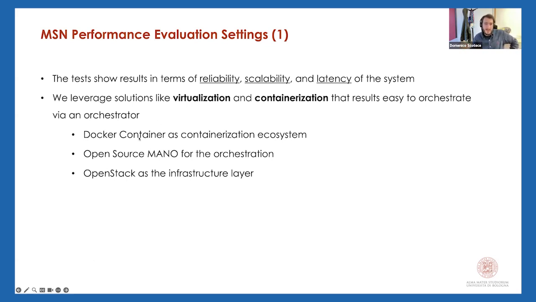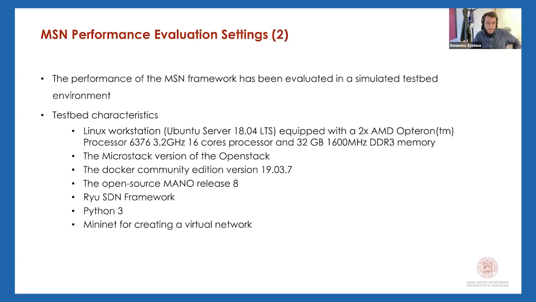And then we tested this solution, which is called microservice SDN, MSN. We tested the MSN in a Docker container environment and in an open source manner with a virtual machine, with the NFV, and in OpenStack as a cloud infrastructure. The test was done on a simple Ubuntu server machine with these characteristics.